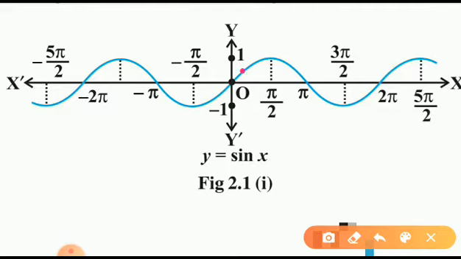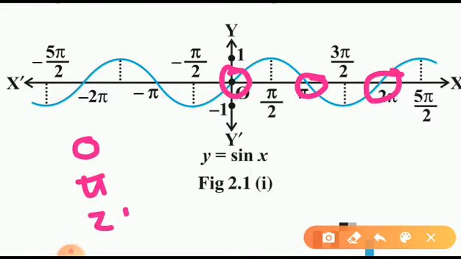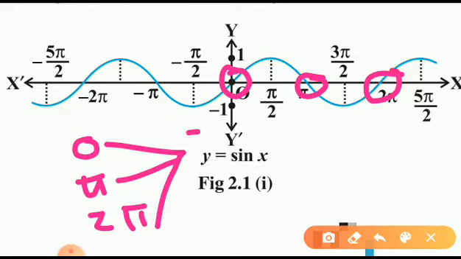Now what is sine 0? Sine 0 is 0. What is sine pi? Sine pi is 0. Sine 2 pi? Sine 2 pi is also 0. That means 0, pi, 2 pi, they are mapping to what? 0 itself.